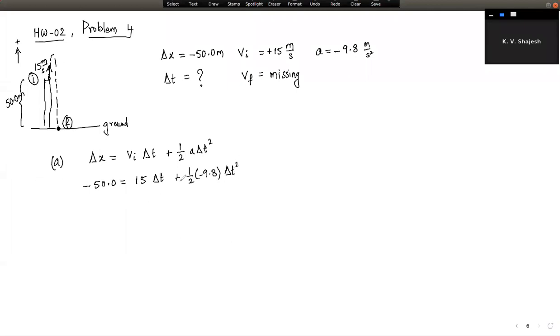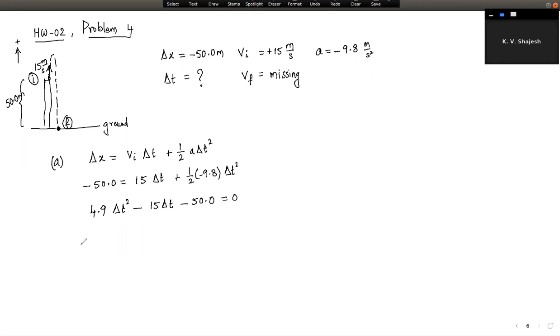Rewrite this all on the left hand side. 9.8 over 2 is 4.9. Bringing it to the left hand side, that's 4.9 delta t squared minus 15 delta t minus 50 is equal to 0.